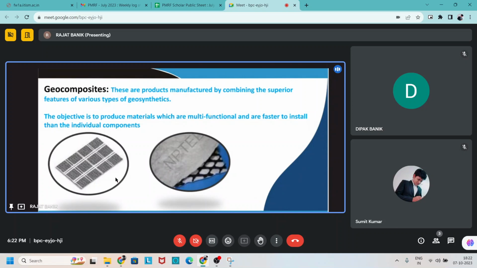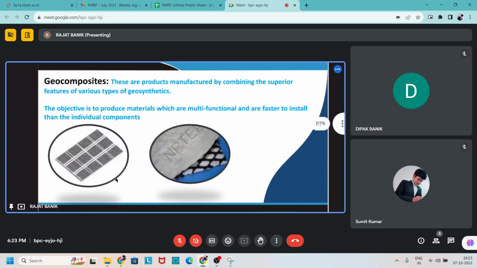Composites mean combining two or more types of geosynthetic material to produce a new type of material or new function, a new design of geosynthetic material. This is mainly used for multifunctional work, and it is also easier and faster to install than the individual components. So these are the properties of this geocomposite material.